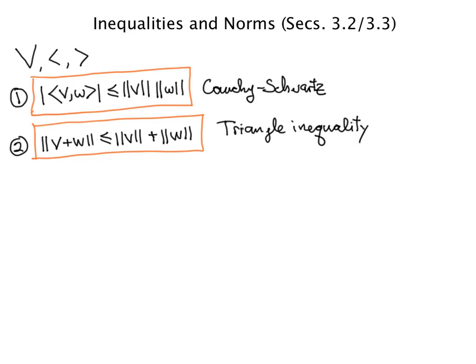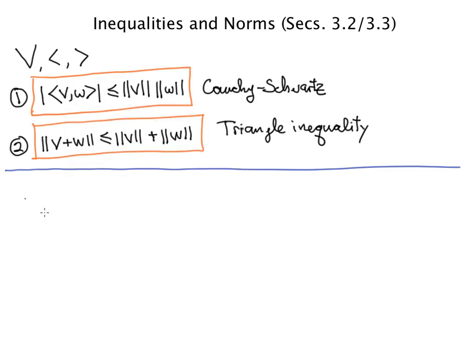So let me talk a little bit about these two inequalities some more. One thing I want to emphasize is that these are inequalities for any inner product space. So you're certainly allowed to use your intuition from R2, but you have to keep in mind that it's true in general. So here's an example.